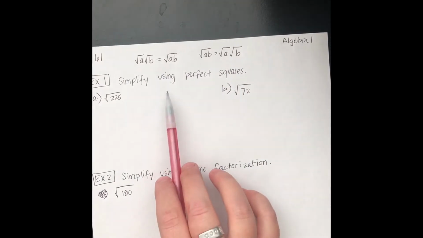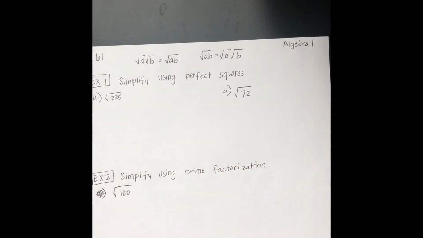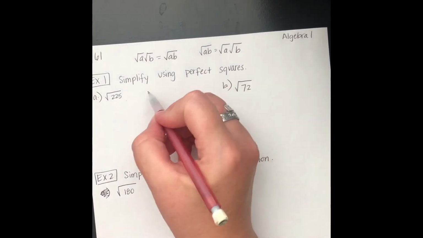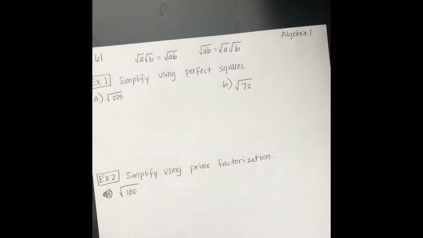They ask us right here to simplify using perfect squares. Right here is the square root of 225.